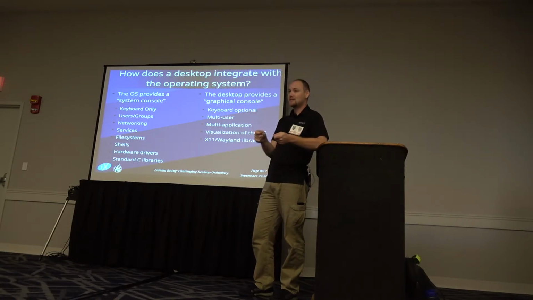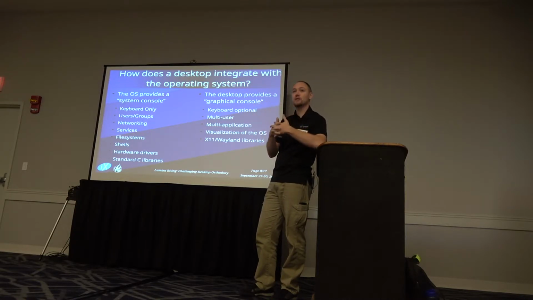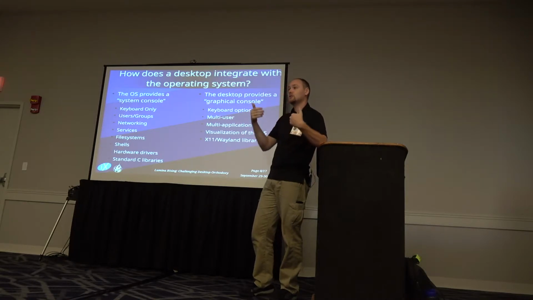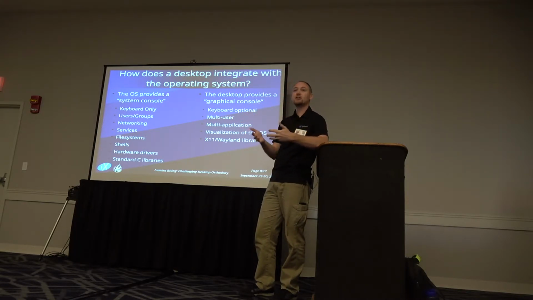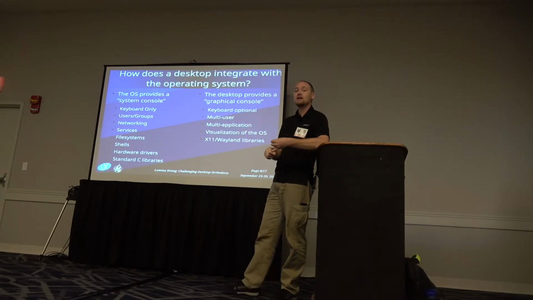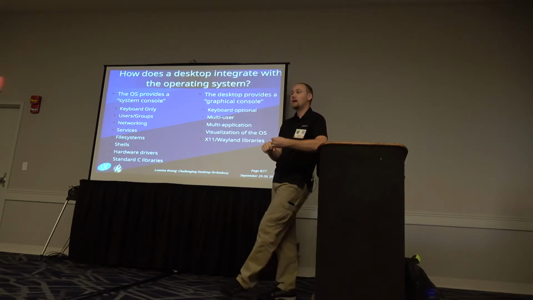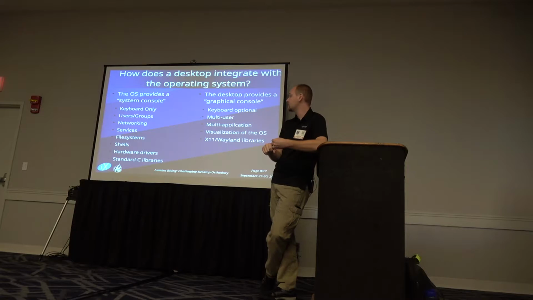How does the desktop integrate with the operating system? Where do you start to see those boundaries and those borders? If you look at the traditional operating system, this tends to be your command line only, your server-based operating system. The operating system provides a system console, a terminal, usually. It tends to be keyboard only, but the operating system manages what users and groups are available, how you actually log in to the system.